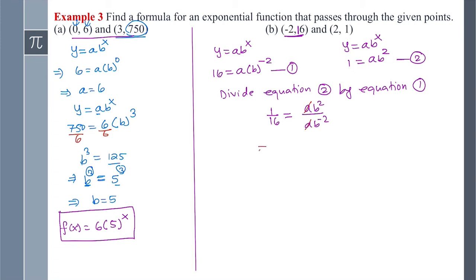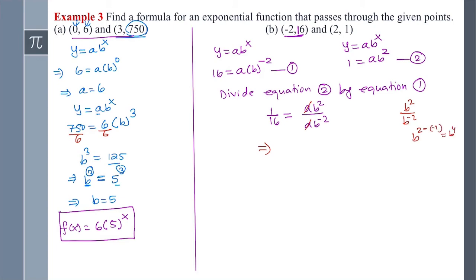So this gives us, now what is b squared divided by b to the negative 2? When we divide, if we have the same base, we subtract the exponents. So we have b to the 2 minus negative 2, which means b to the fourth.